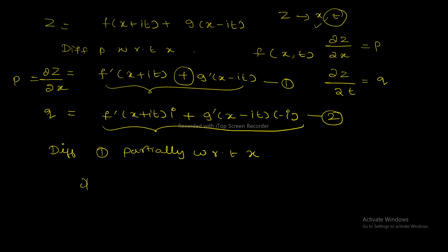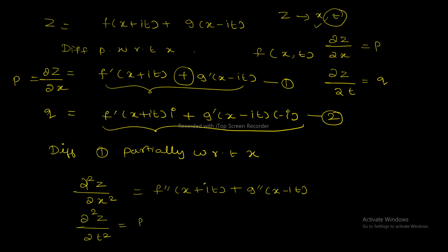So that is dou square z by dou x square, and again dou square z by dou t square is going to be f double dash into i square, that is minus 1. Again minus i square is also minus 1, so g double dash of x minus it.